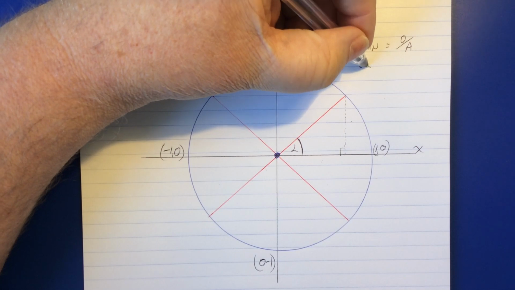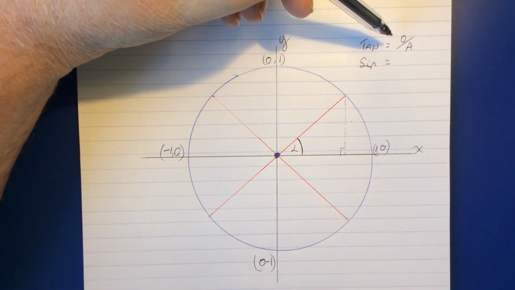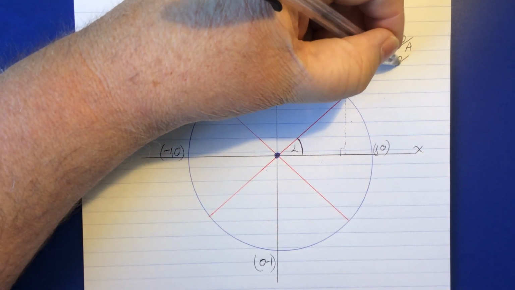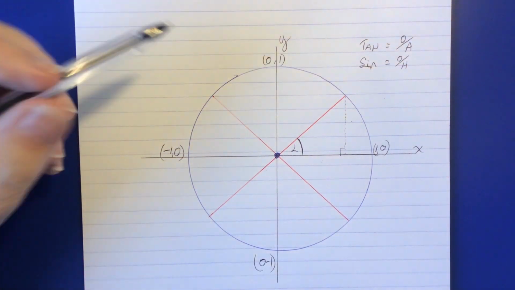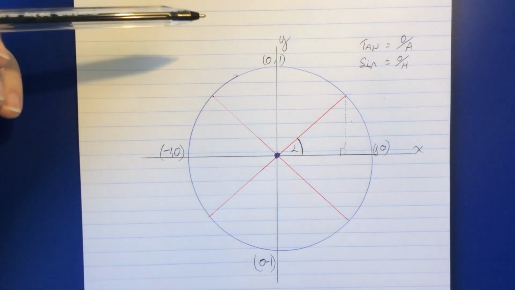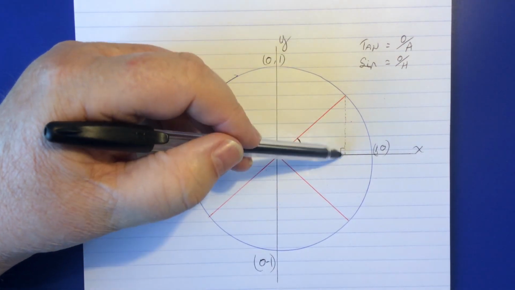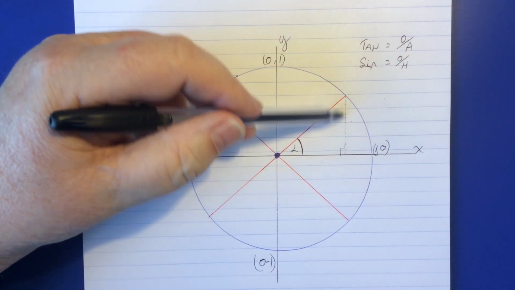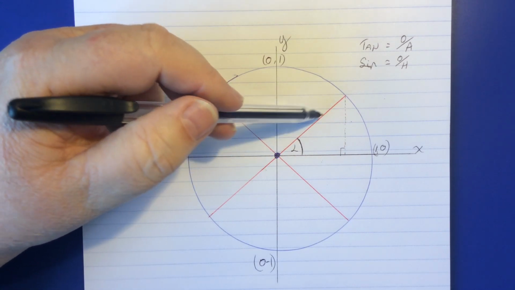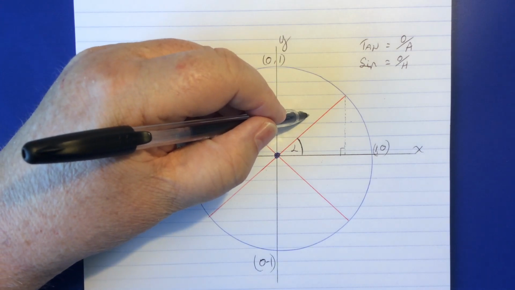Sines. Sorry, my writing's terrible. The sine is the opposite over the hypotenuse. And this is where we have to be aware of one thing. So the opposite side here is a positive value. That's the opposite side to the angle. It's a positive value. And this radius has a positive value because it has what's called magnitude.